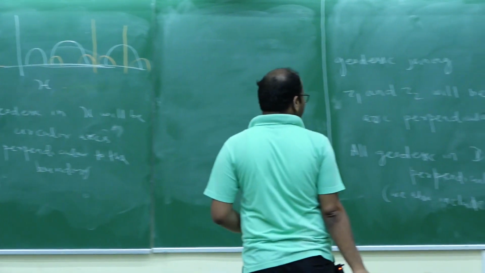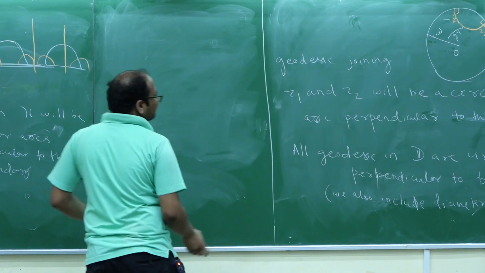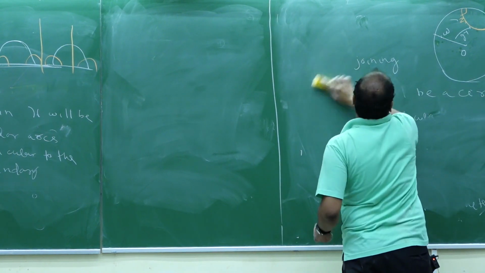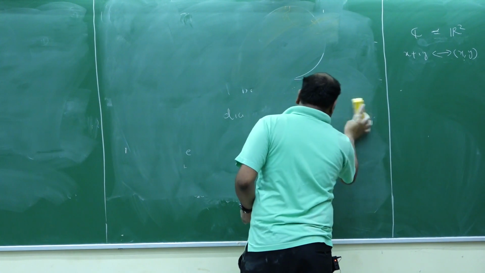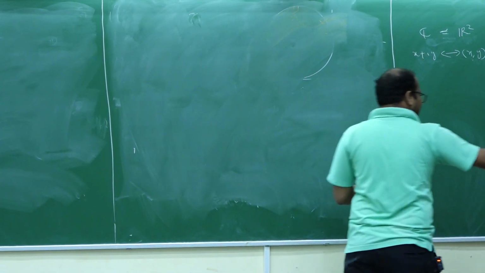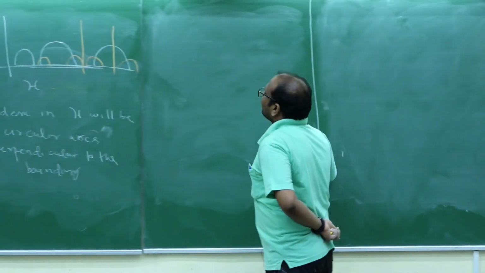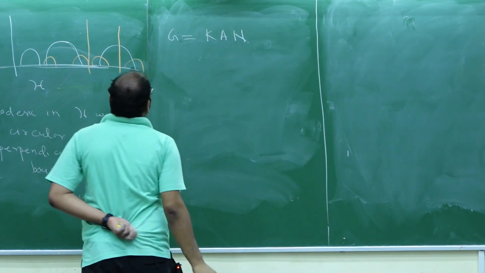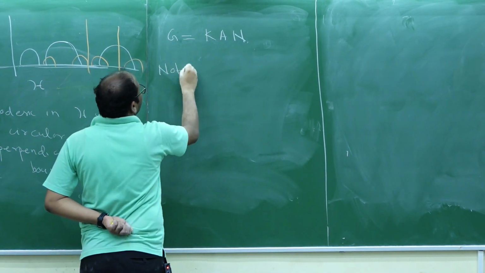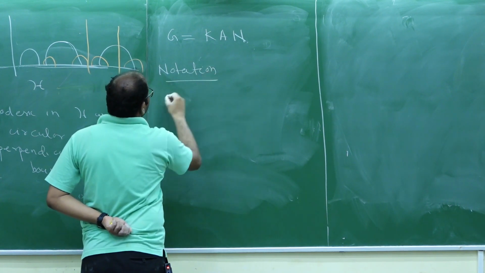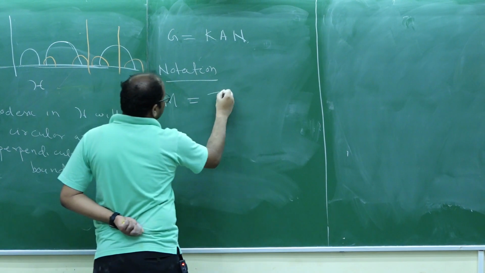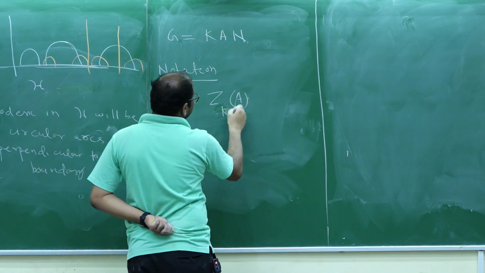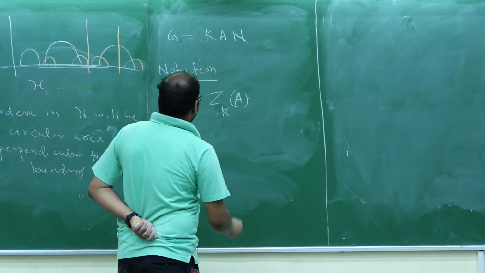Okay, so now, you find something very common. We have G equal to SL(2,R). Now, rotation. This stands for Z, the centralizer of A. And what is it by definition?